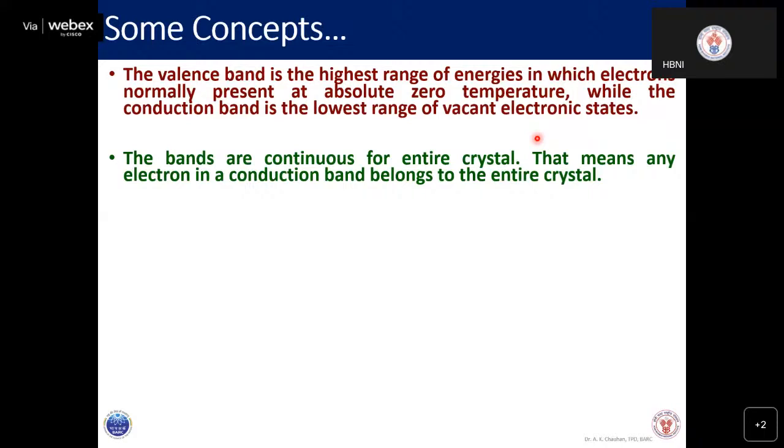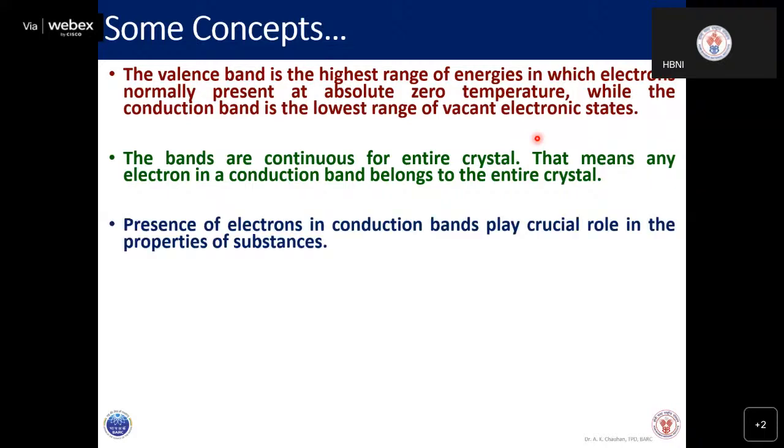That means when an electron is in the conduction band, it doesn't belong to a single atom. Rather, it is the property of the entire crystal. So it sees the entire crystal as a single unit and not as an individual atom or ion to which it actually belongs. So the presence of electrons in the conduction band plays a crucial role in the properties of substances.